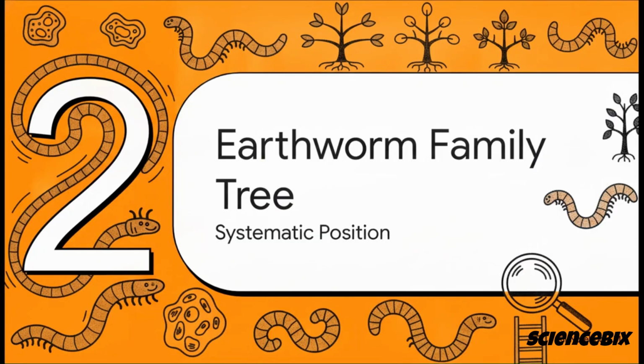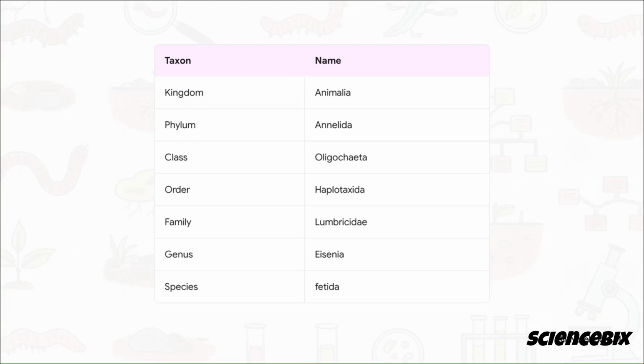Section 2, the earthworm's family tree. You can kind of think of this systematic position as finding the earthworm's exact address in the massive, sprawling city of the animal kingdom. So they live in kingdom Animalia, Phylum Annelida. Their specific neighborhood is the class Oligochaeta, which literally means few bristles. Then we go down their street to order Haplotaxida, marked by that elongated shape and classic pinkish-brown color.